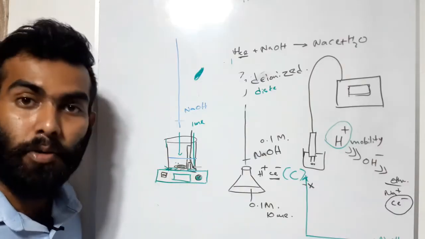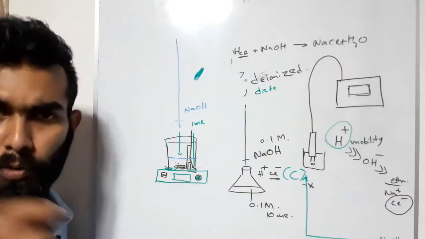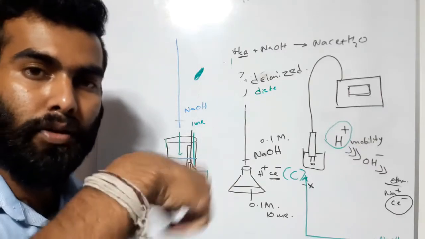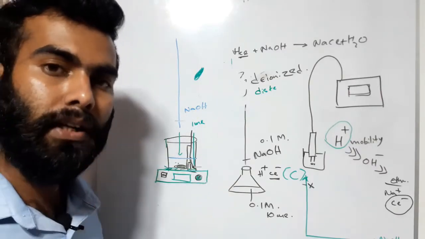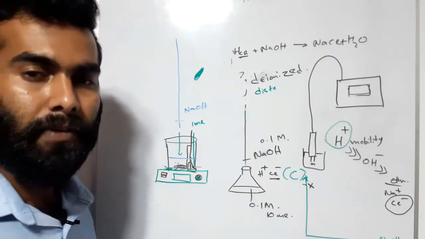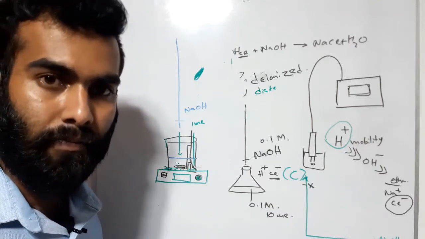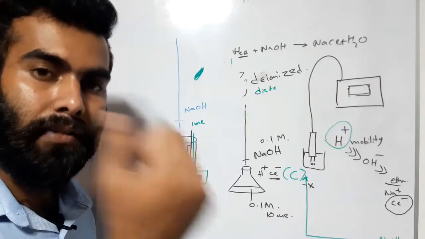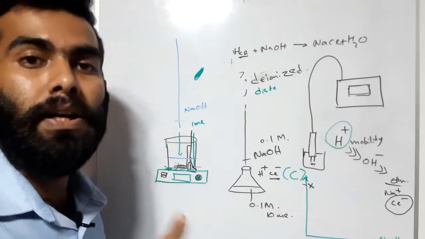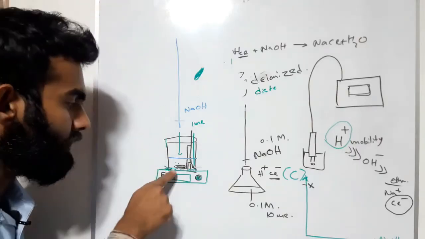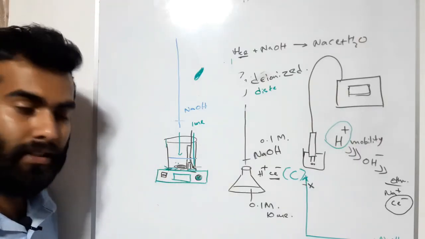We are not using a glass rod because that's a very old method. Using a glass rod we can stir, however we can't achieve a uniform distribution of our reactants, because there are so many human errors. So nowadays we are using a magnetic stirrer.